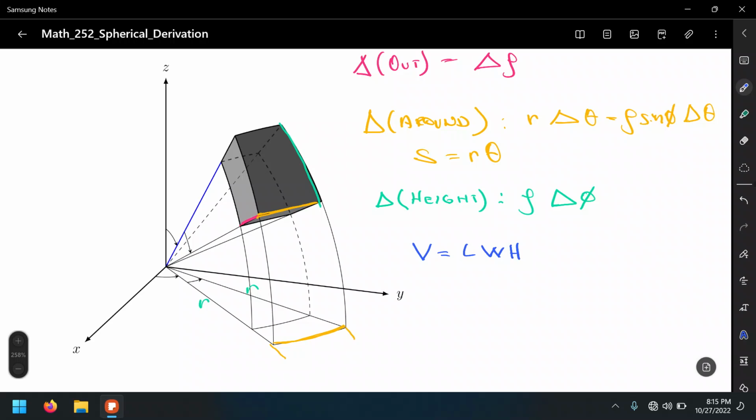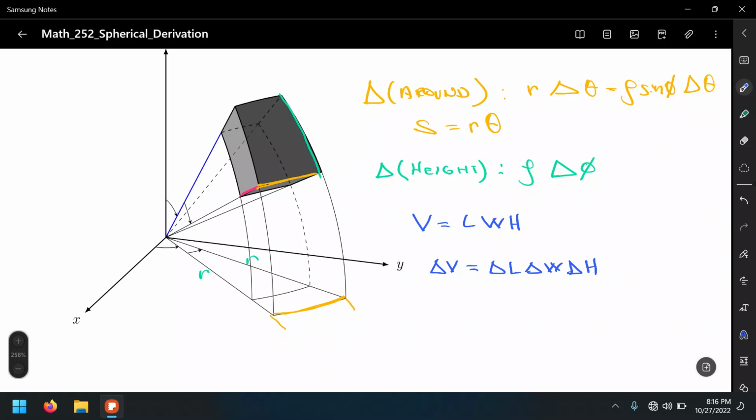If we define this in terms of increments, that is in terms of deltas, that's delta V, which is delta L times delta W times delta H. So increment in the length, increment in the width, and increment in the height, in a similar way that we defined delta x, delta y, delta z, but in this case, in general, with the geometric definitions: length, width, and height.